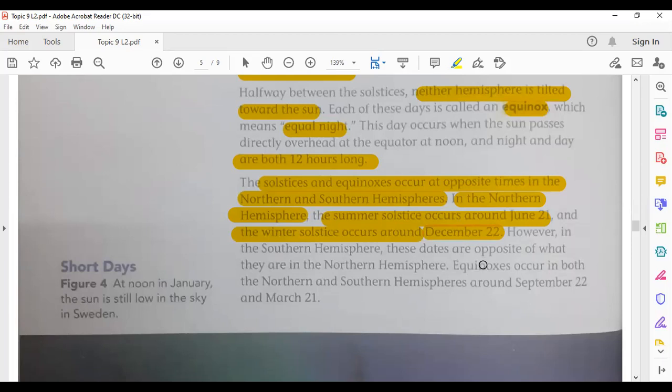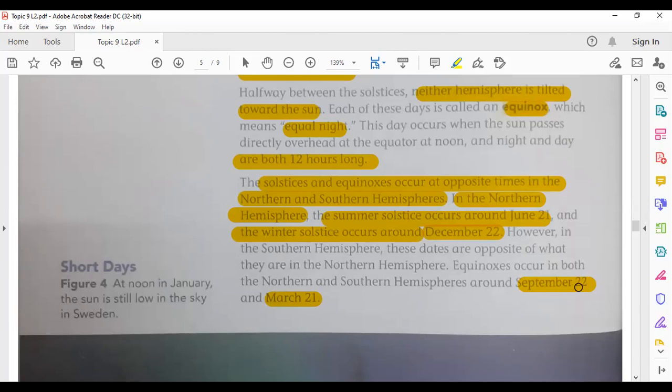They happen on September 22 and March 21 for both hemispheres. I mean, on September 22 there is an equinox in the northern hemisphere and in the southern hemisphere. On these days, night and day are equal.